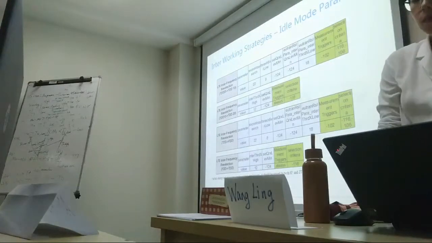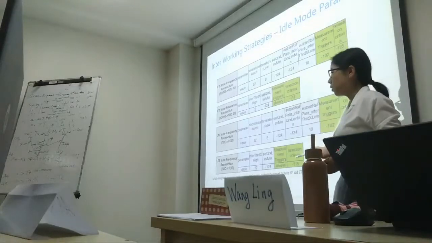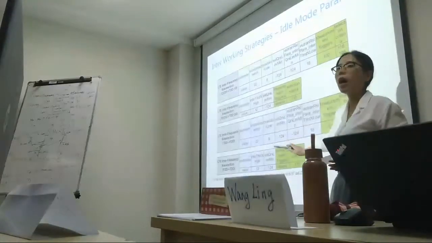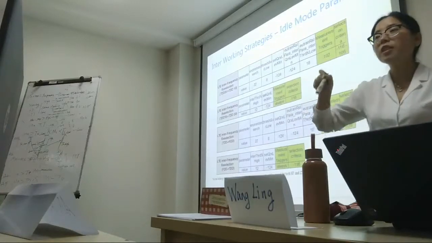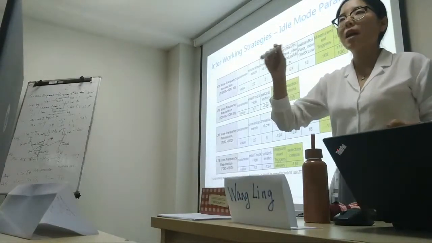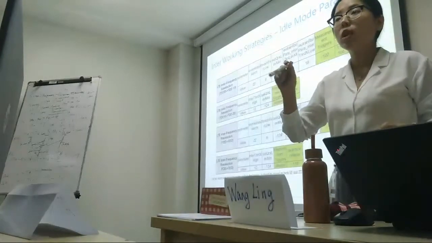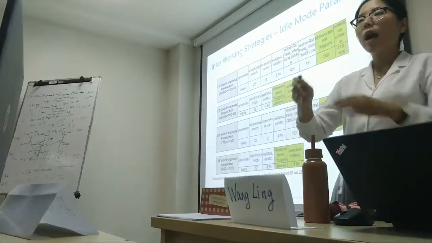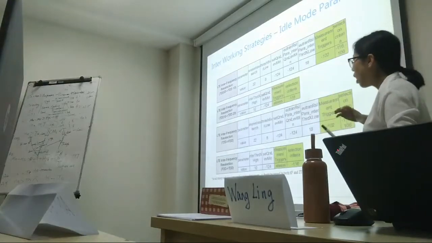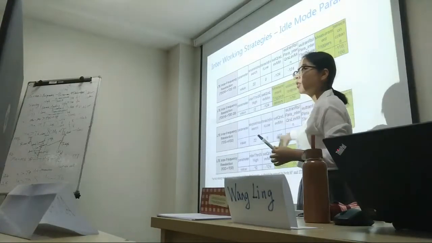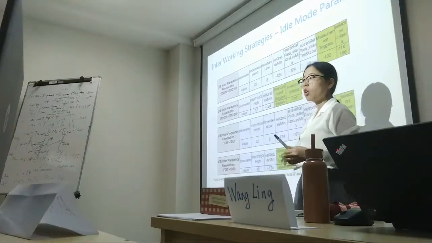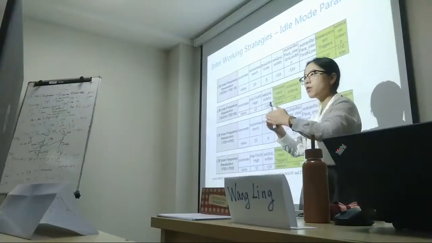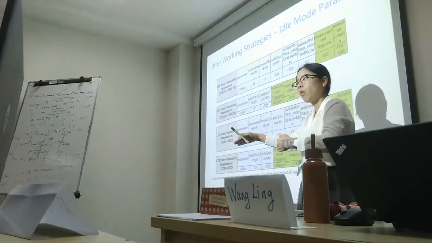So if the FDD cell is heavily loaded, it will release some user RRC connections, and these users will reselect according to this parameter, from FDD to TDD. I reselect to the TDD cell.